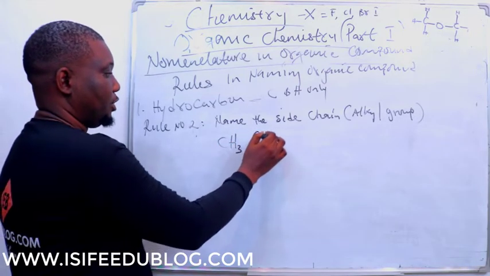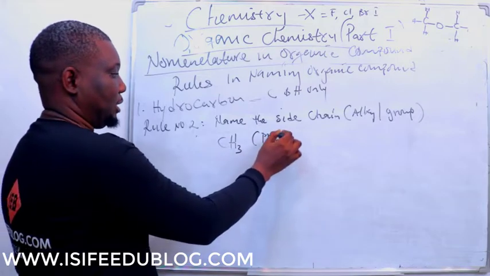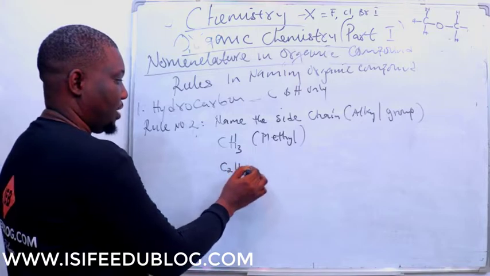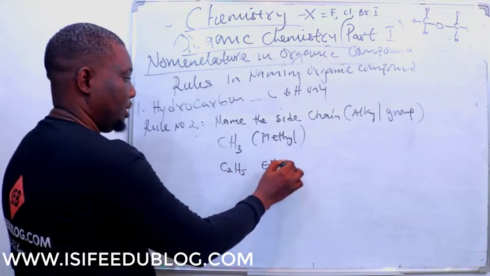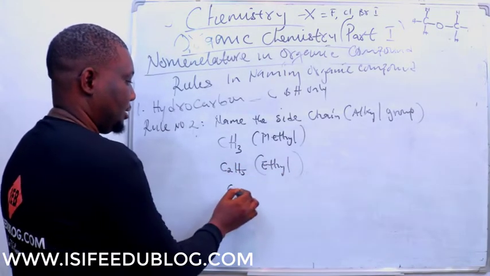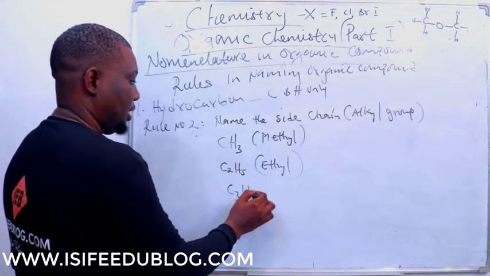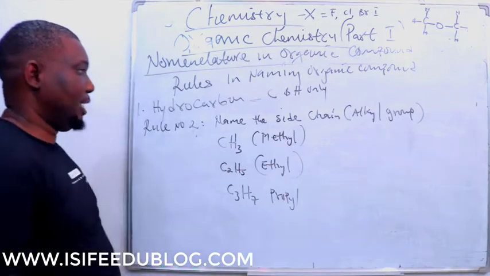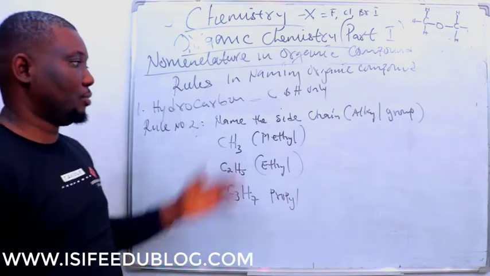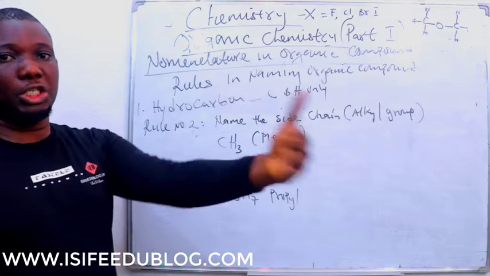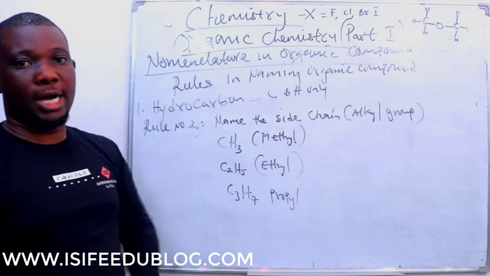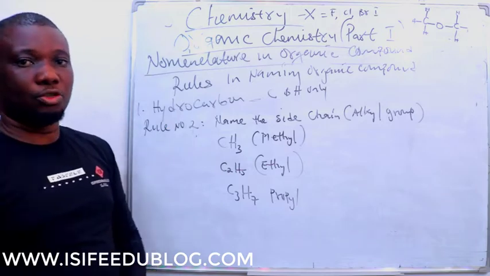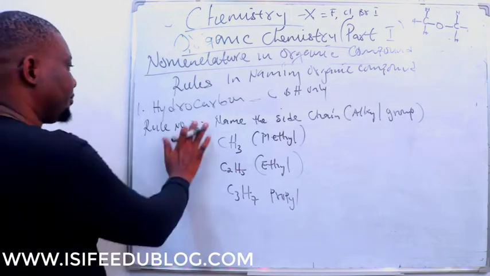CH3 is methyl, since C1 is meth. C2H5 is ethyl, and C3H7 is propyl. So after naming the long chain, next look out for any side chain. That is rule number 2.